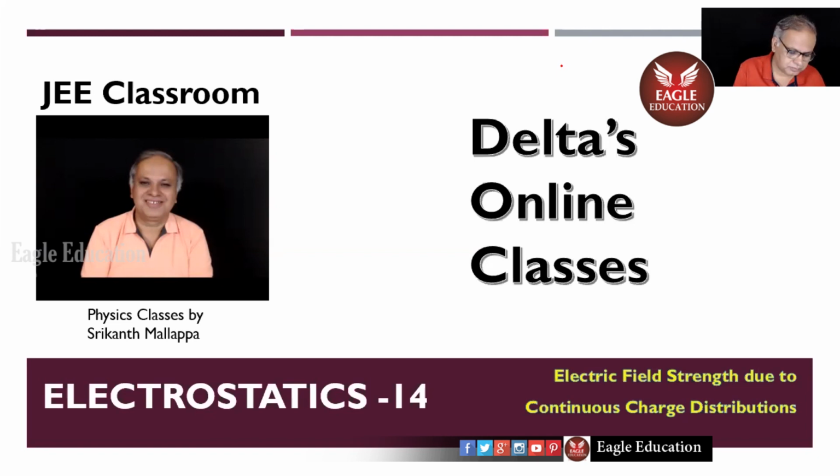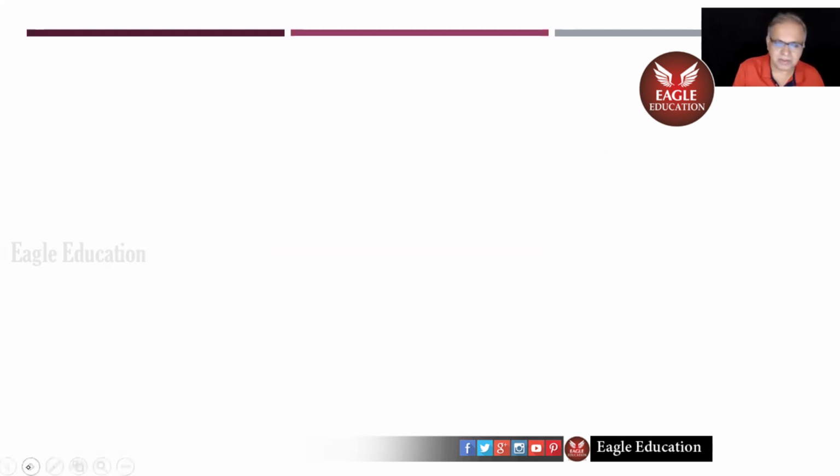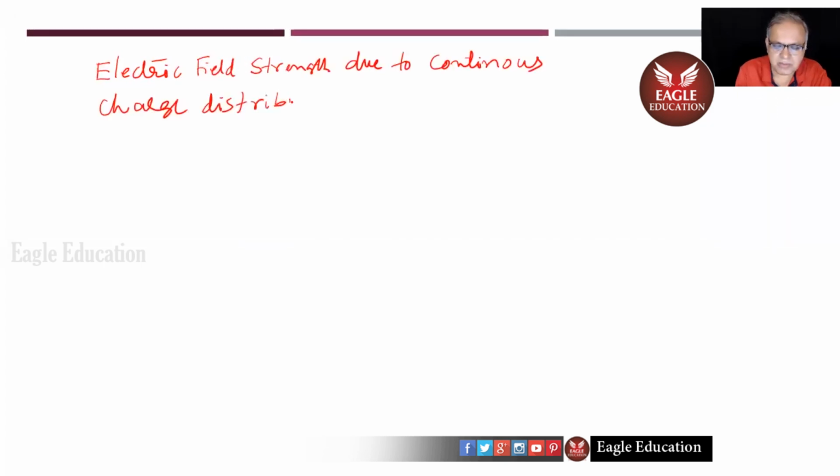We'll start. The heading is: electric field strength due to continuous charge distributions. But tell me, children, what kind of charge distributions may you have? You will have three kinds of charge distributions.